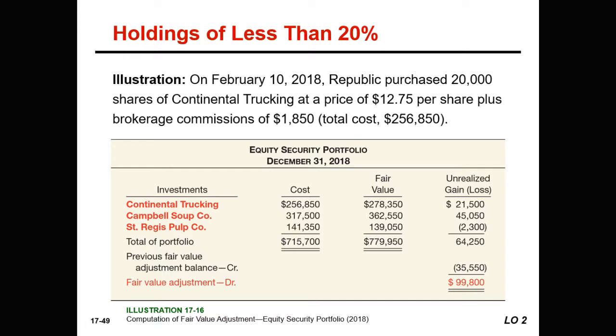We add them to the portfolio for 2018. You see here on December 31st, 2018, we recognize and calculate what the fair values are for the quantity of shares we have at current market value, and then calculate whether or not we have an unrealized gain or loss from the cost.